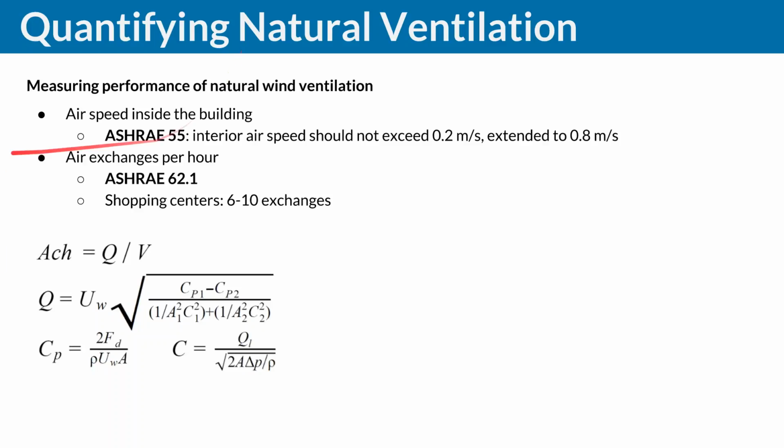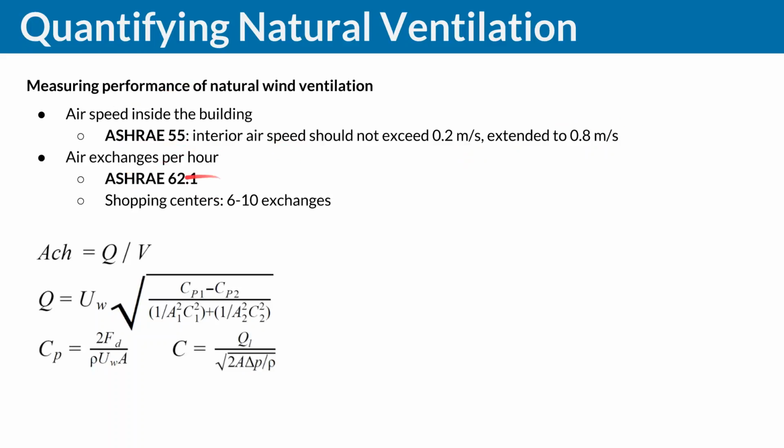If we want to measure the performance of natural wind ventilation, there are basically 2 standards which we want to refer to. Both are from ASHRAE, and they are basically used in North America and the Middle East. The first one is the ASHRAE 55 standard, which is about thermal comfort. This standard says that interior airspeed should not exceed 0.2 meters per second. And in some cases, it's even fine if it goes up to 0.8 meters per second.